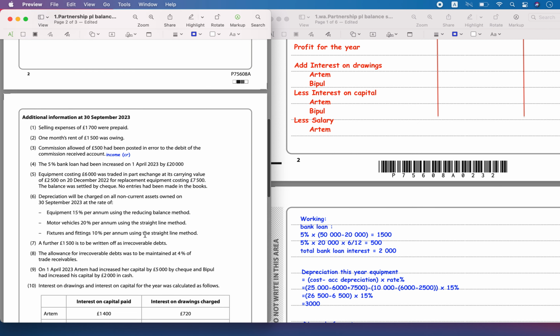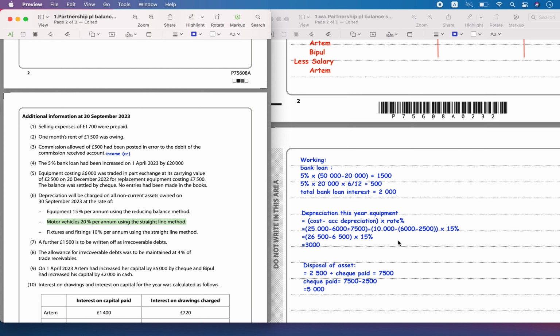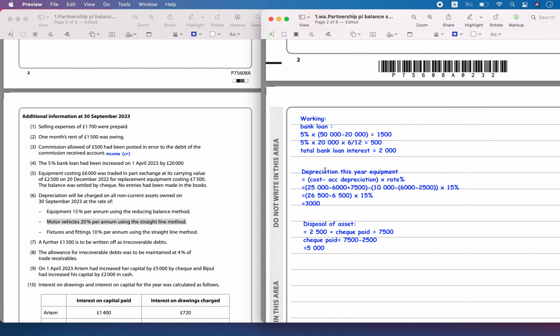Now next one is motor vehicles depreciation we have to calculate. It follows the straight line method of depreciation. So let's calculate for the motor vehicle.